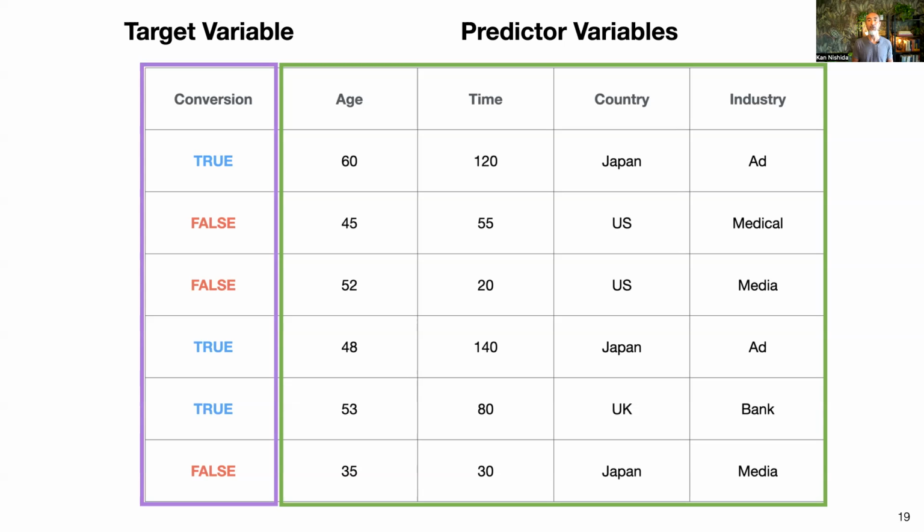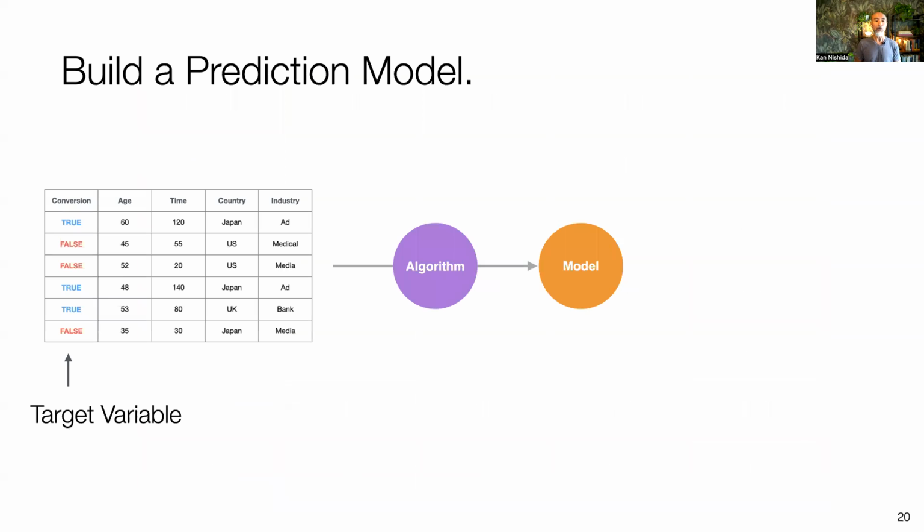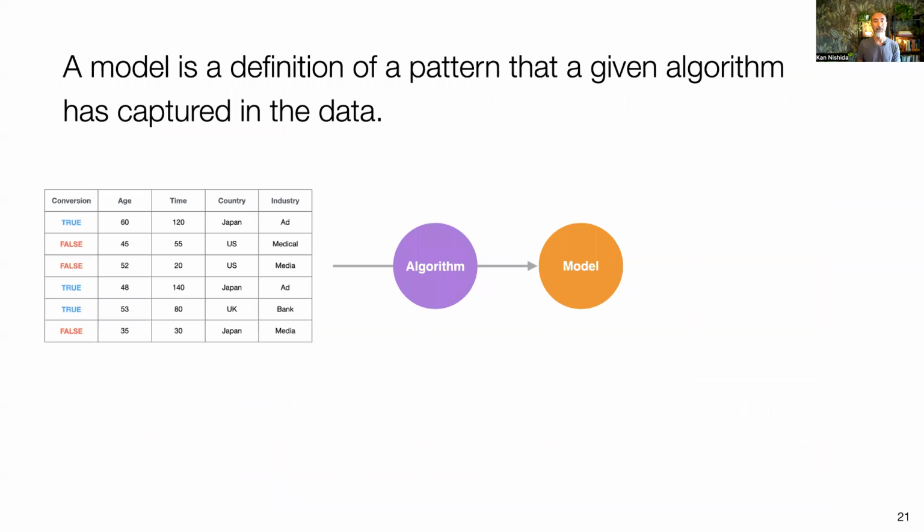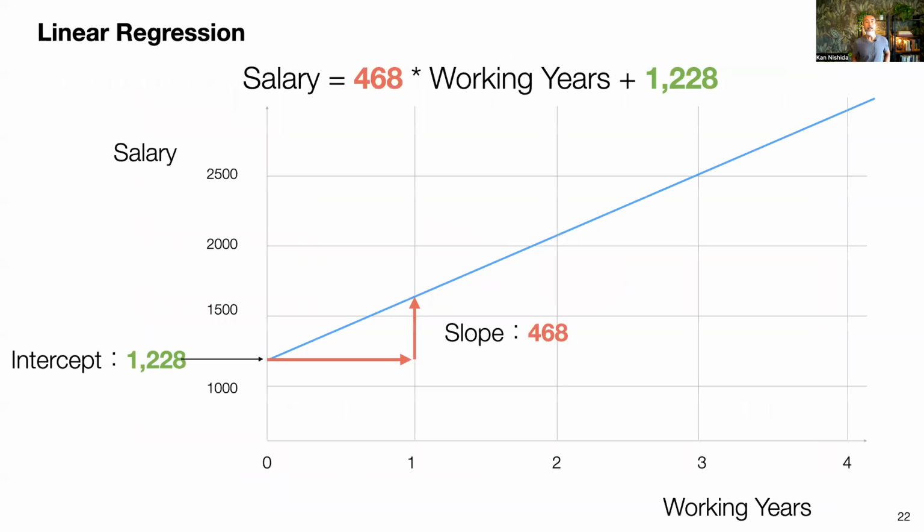Okay, target variables and predictor variables. So we give the data to the algorithm, find the patterns in the data, and then build a model based on that pattern.